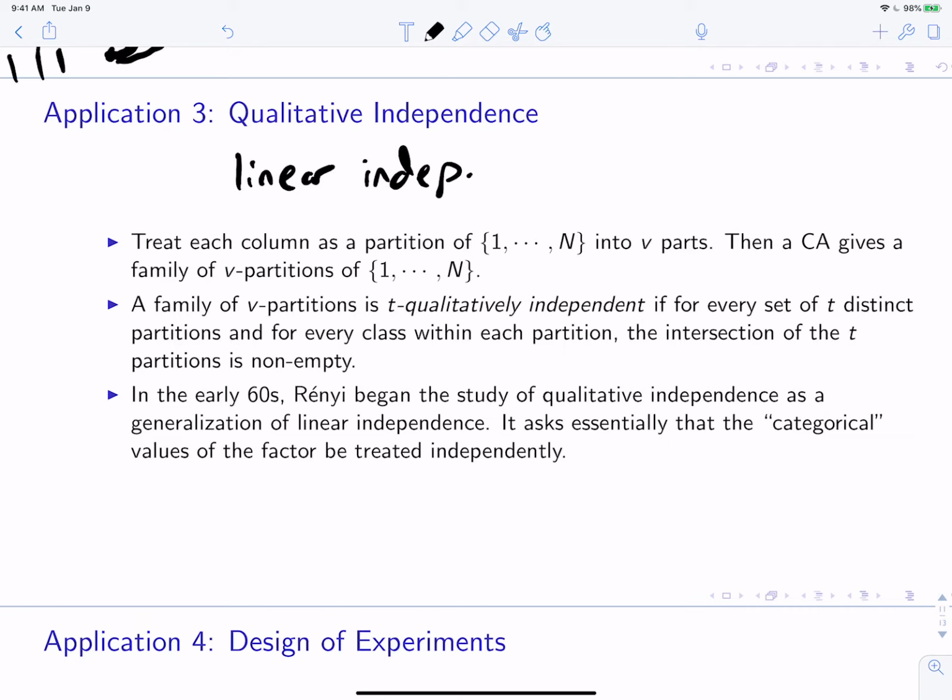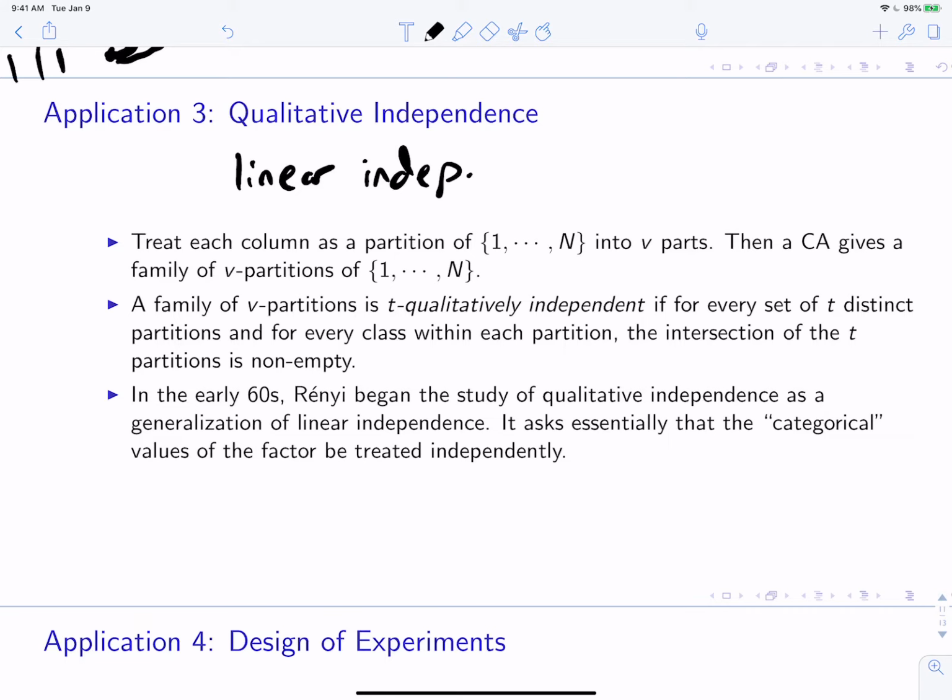How much does a particular effect have on a system? Whereas qualitative independence is about whether the effect actually is there or not. Linear independence is about how much it affects the system. Qualitative is whether it's there or not. That's all the difference is.